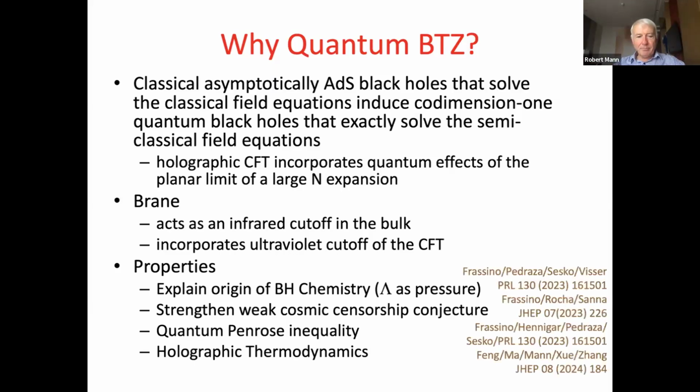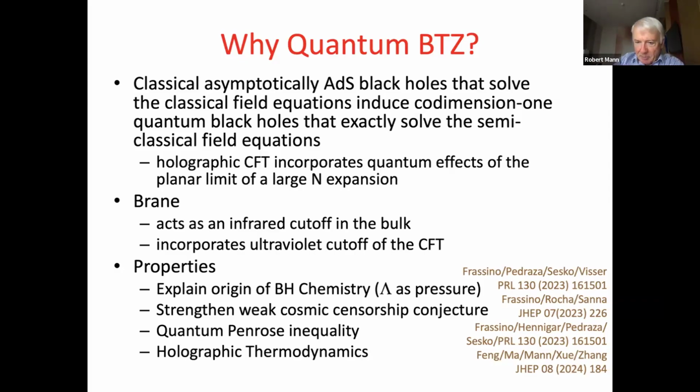And this construction has a number of interesting properties that are discussed in these various papers here. There's this paper by Frassino, Pedraza, Svesko, and Visser that shows that variable lambda can be understood from this perspective, that variations of the tension in the brane induce a variation of lambda in the bulk, which is an interesting and novel origin for black hole chemistry.